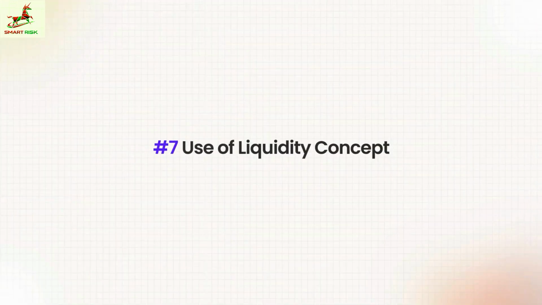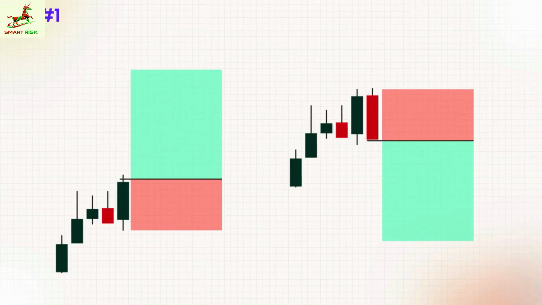Now for the most important part, how you can use the liquidity concept to actually improve your trading. Keep these important points in mind at all times. Point number 1. Whenever you look at a chart, the first thing you should do is identify which side has the most liquidity. Is it more on the buy side above or the sell side below? To do this, mark the swing highs and swing lows on the chart and figure out which side has more potential pending stop-loss orders.